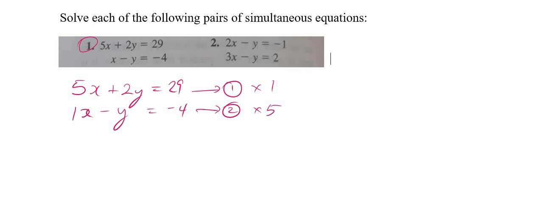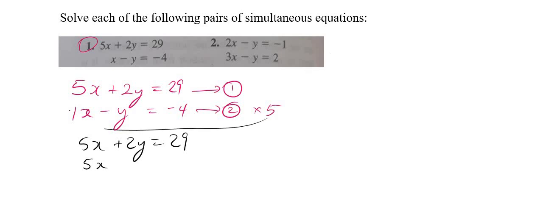Equation 1 by 1 will give me back the same equation, 5x plus 2y equals 29. So in fact, I didn't have to multiply by 1. Then let's multiply equation 2 by 5. So 5 times 1x is 5x.